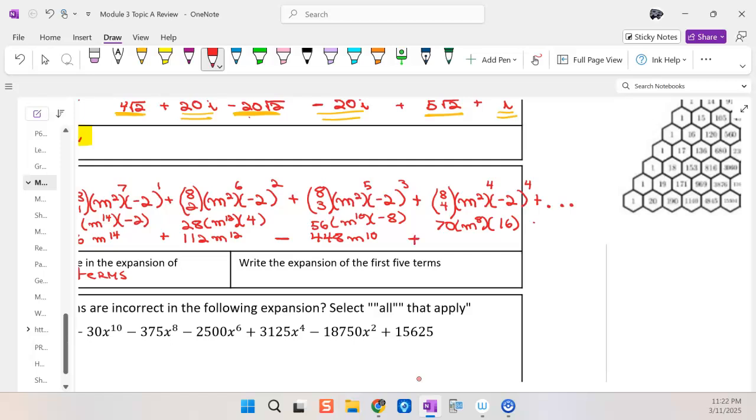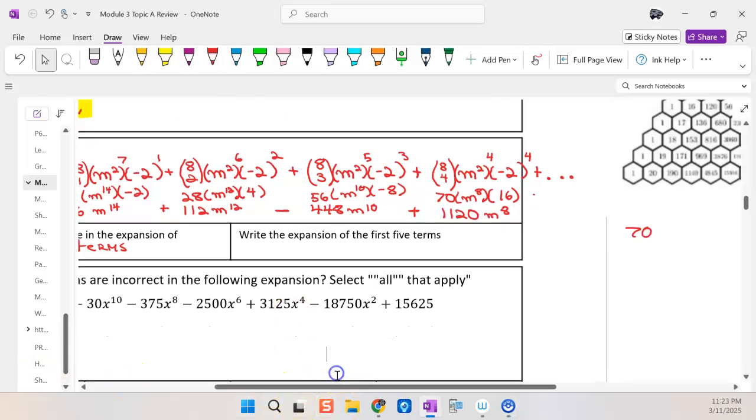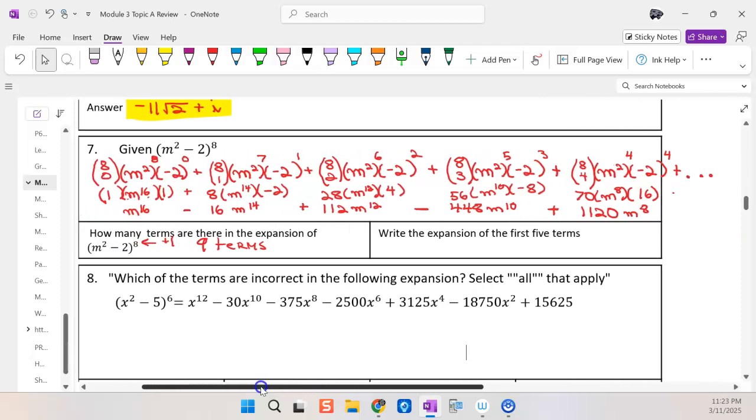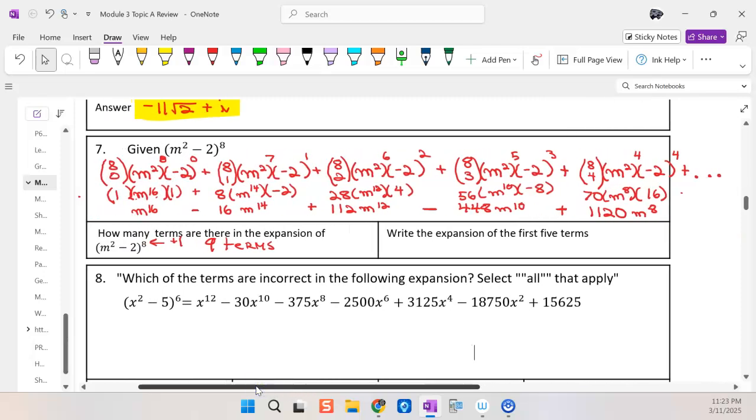Yeah, got 70 times 16. Okay, so the first 5 terms.